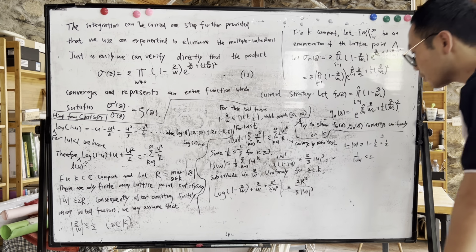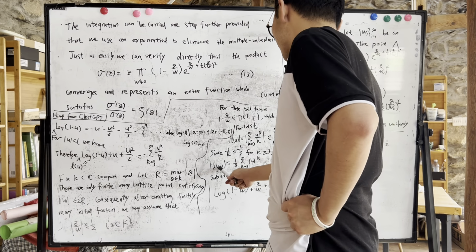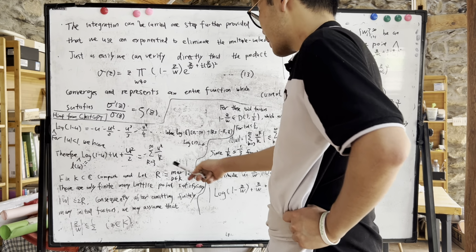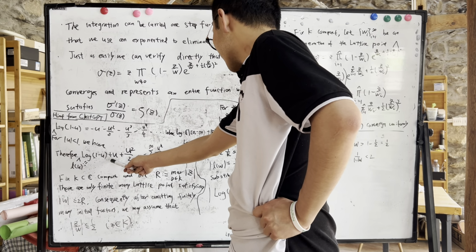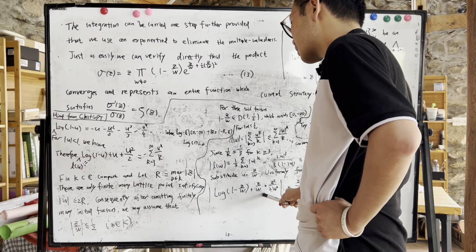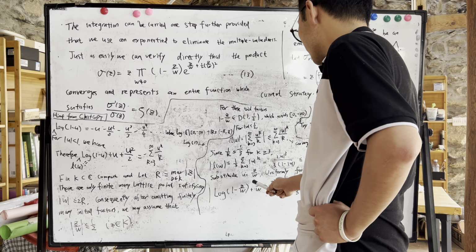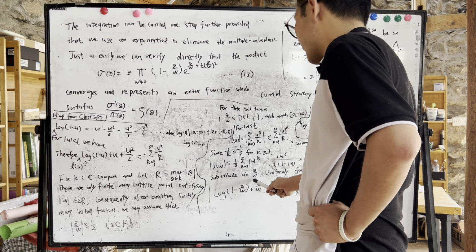Okay, yeah. So here we just simply, because this is L of u, right? L of u is defined as this guy, so when we replace this u by z over omega, this is exactly L of z over omega.